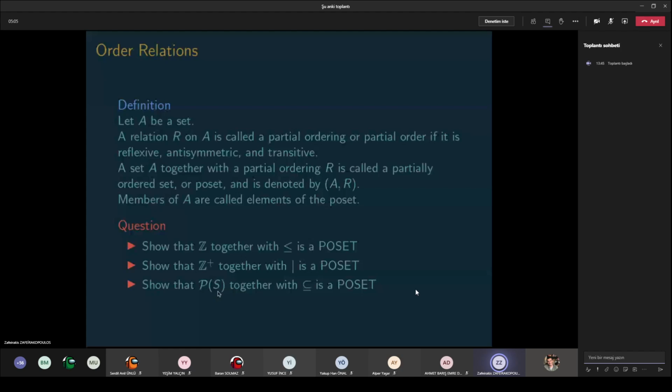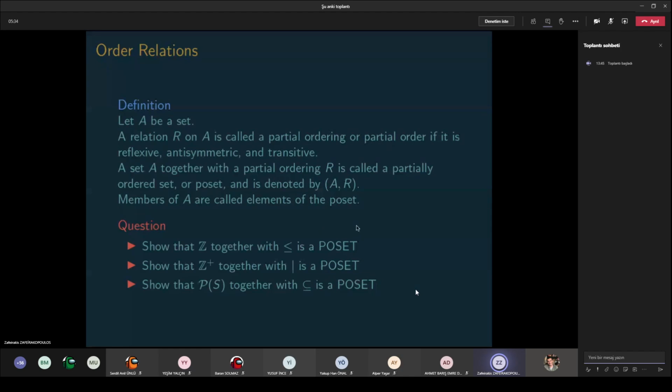The power set of a set S together with set inclusion, so the subset relation, is a poset because every set is a subset of itself. If A is a subset of B and B is a subset of A, then A is equal to B. This was the definition of equality of sets. And if A is included in B and B is included in C, then A is also included in C. We can see this very easily from the Venn diagram, for example.